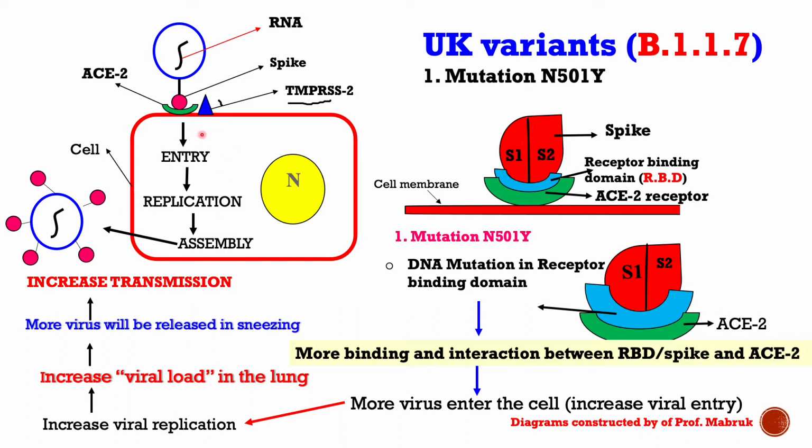Then once the virus enters the human cell, as described previously in much more detail in a previous lecture, the entry is followed by replication. Then we have the assembly, and then the release of the mature coronavirus COVID-19 from the cell.